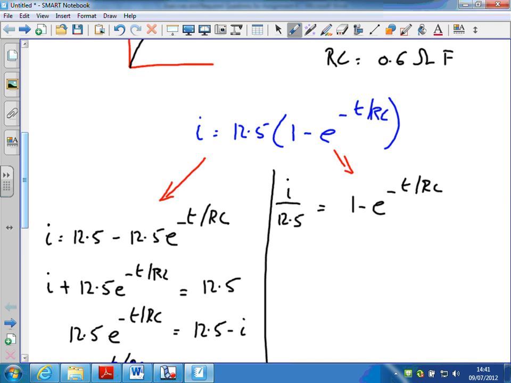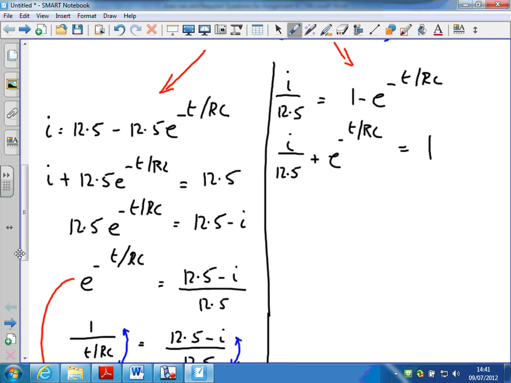Now again, because this term involving the time is negative, add that to both sides. So we get I over 12.5 plus e to the minus t over RC equals 1. Now subtract the I over 12.5 and we get e to the minus t over RC equals 1 minus I over 12.5.